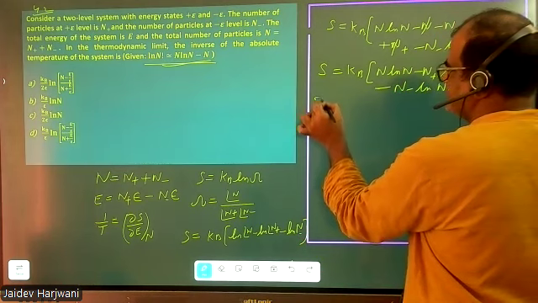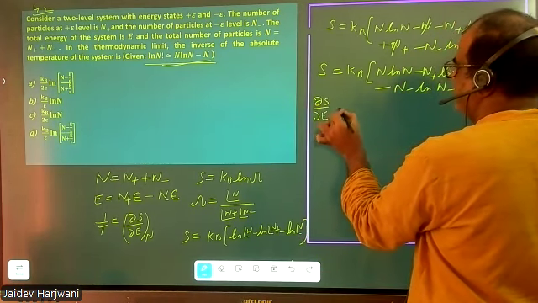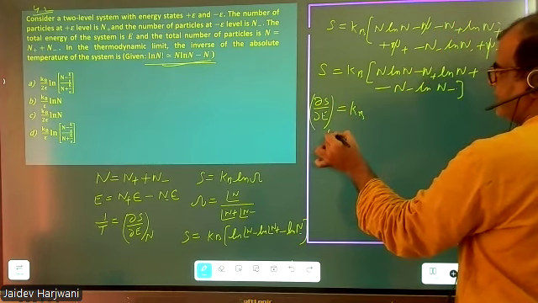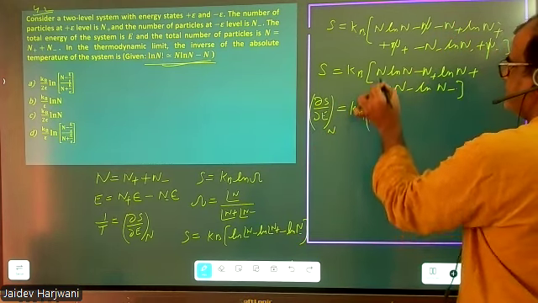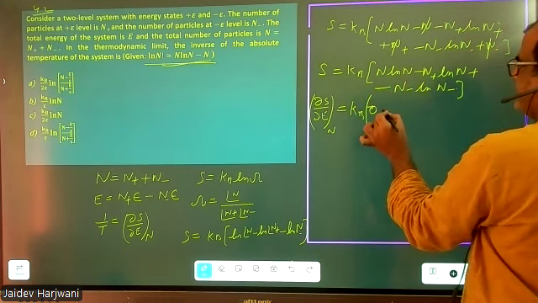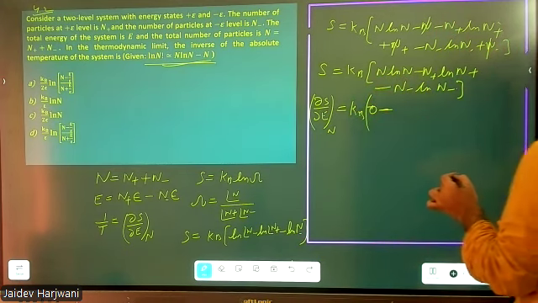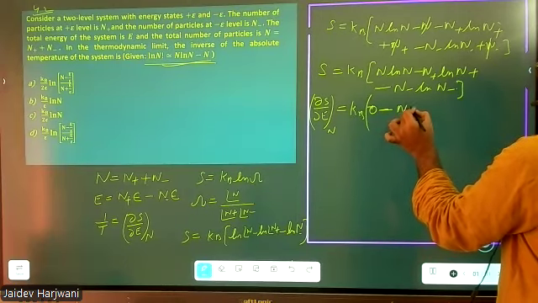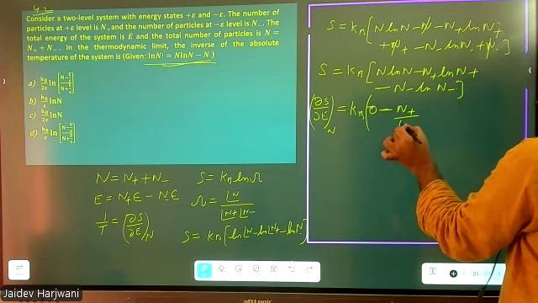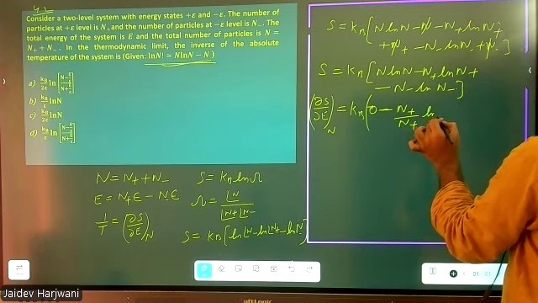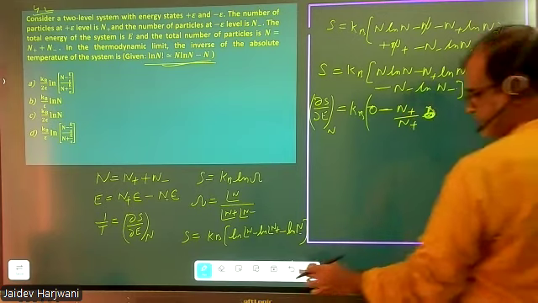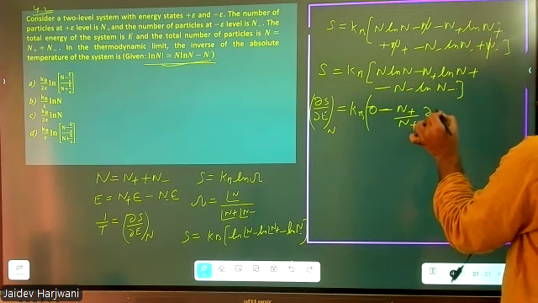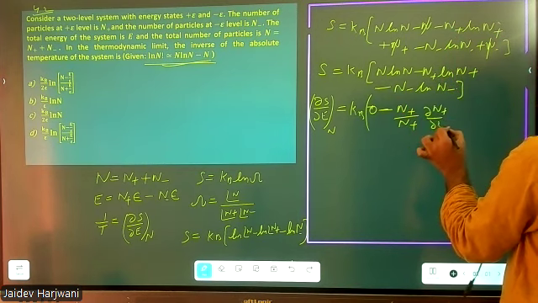So del s by del e, this will be kb, keeping n constant, so this will become 0, and this will become 0. So now minus n plus, I'm differentiating this one, this will give me a 1 by n plus, and this will give me del n plus upon del energy.